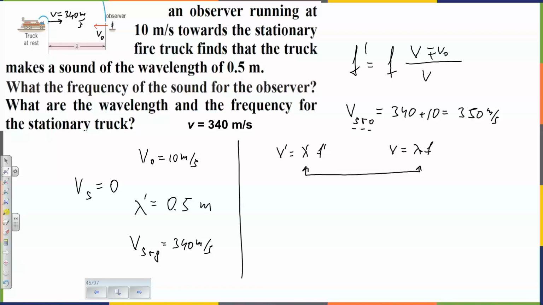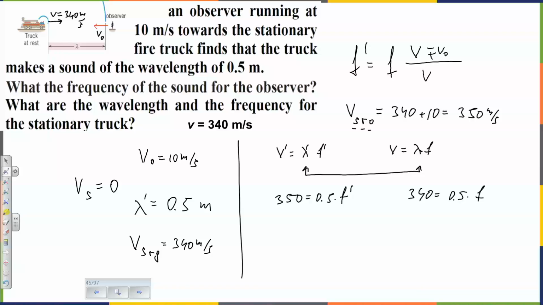So now what can we write? We actually can do 350 should be equal to a half times this. 340 should be equal to a half times this.